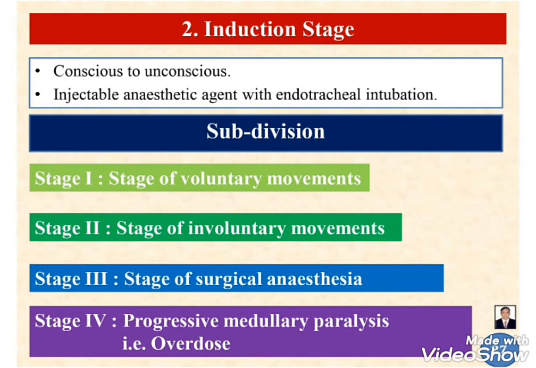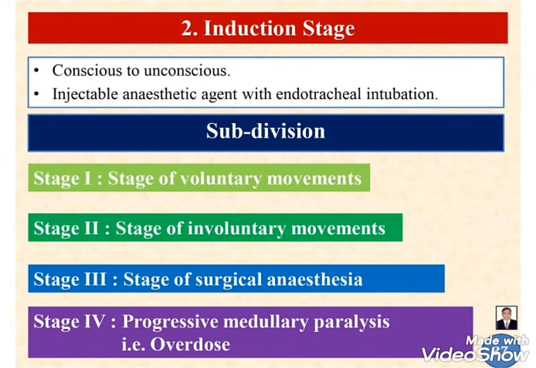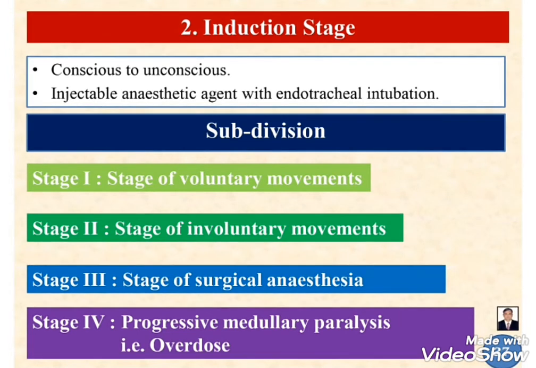This stage is again subdivided into four stages described below: stage 1 is voluntary movement, stage 2 is involuntary movement, stage 3 is the stage of surgical anesthesia, and stage 4 is progressive medullary paralysis. That means if you give an overdose, the animal enters the overdose stage.